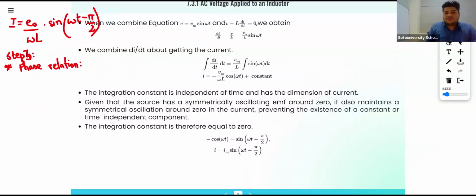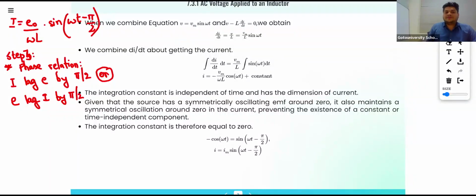If you check current and EMF, they will not be in phase. Not being in phase means current lags EMF by how much angle? Angle 90. Or EMF leads current by pi by 2, that is 90.